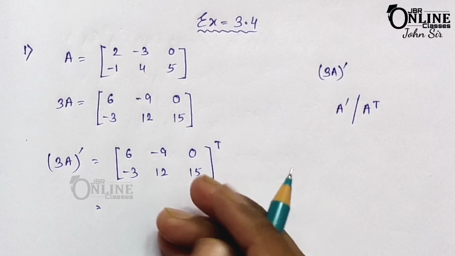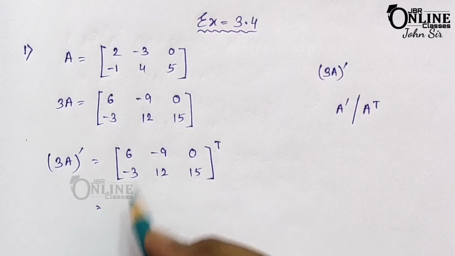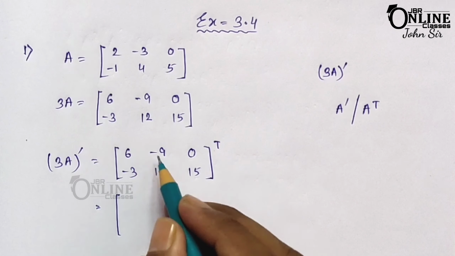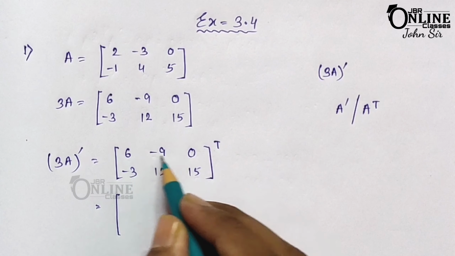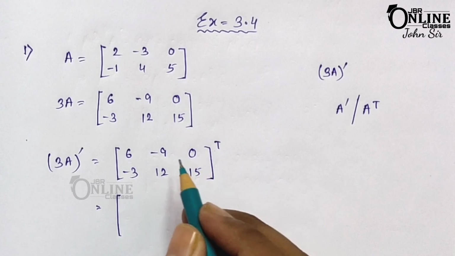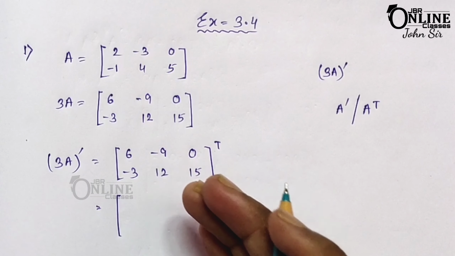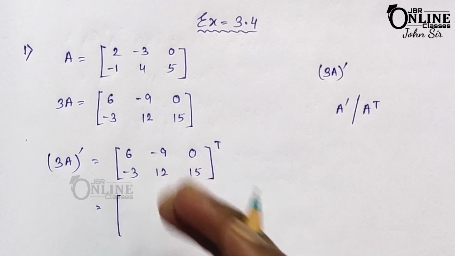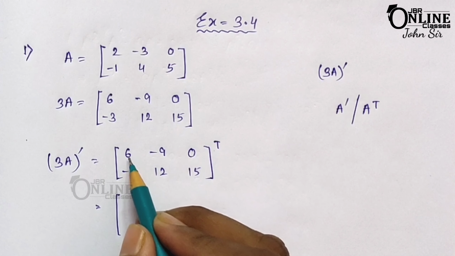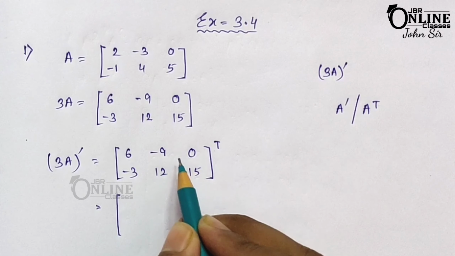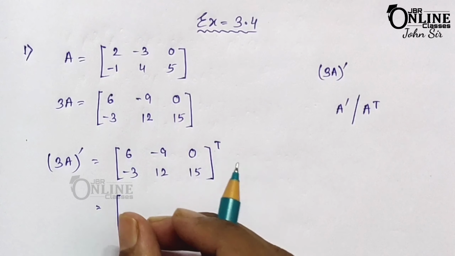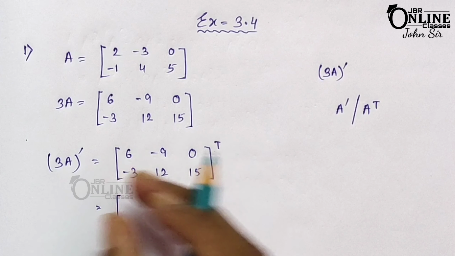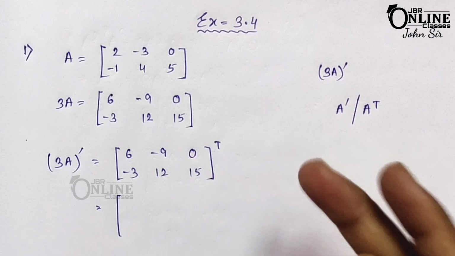So here now the transpose of the matrix means, if you have 6, 9, 0 as the elements of the row of this matrix, then whenever you find the transpose of that matrix, this 6, 9, 0 will be the column of that matrix. That means here the row will be changed into column.